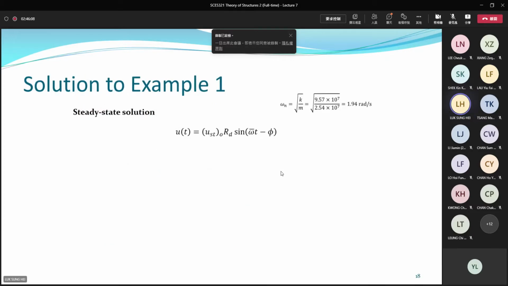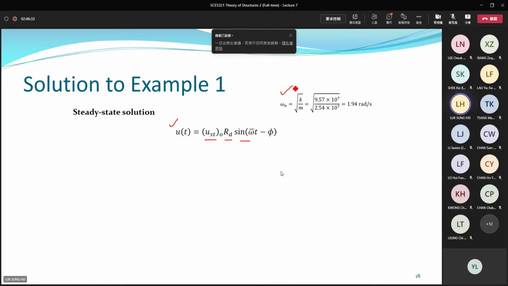Steady state solution. When we deal with a single degree of freedom system under harmonic force, we normally use the steady state solution to determine the structural response. Displacement is equal to this equation at steady state: UST times RD times an oscillating function, sine of something.